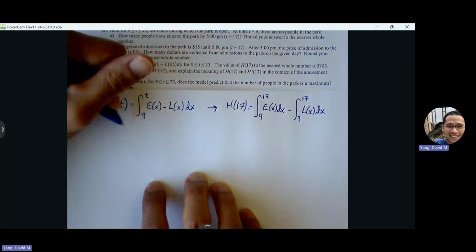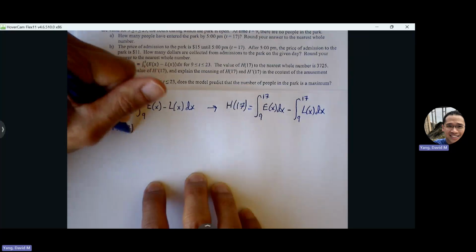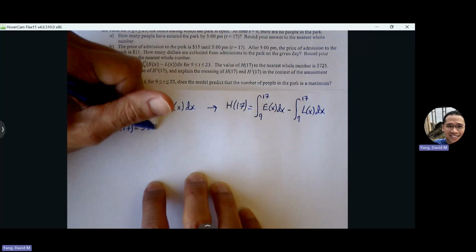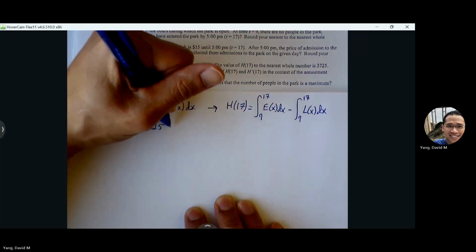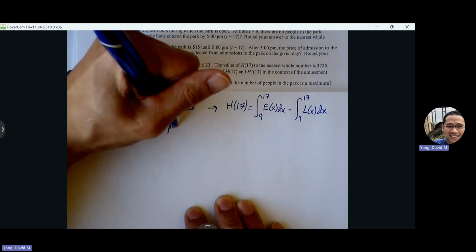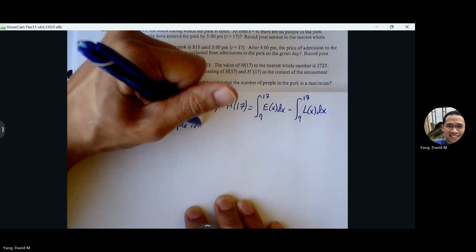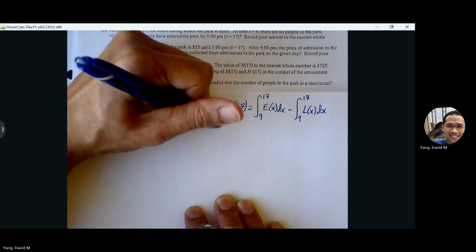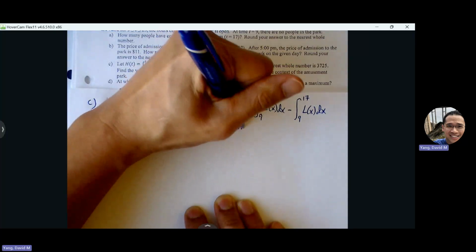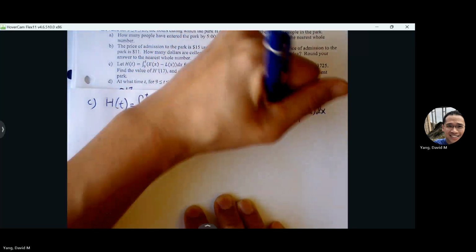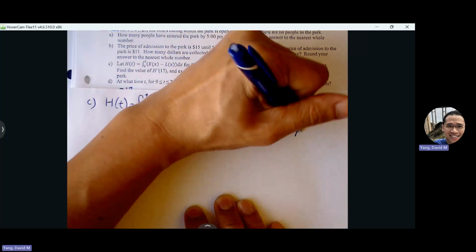Okay, so we know that h of 17 is equal to 3725, means 3,725 people remaining in the park at 5 p.m.